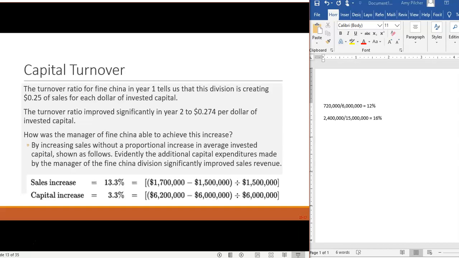Now, this could have been any number of things that's not disclosed to us in this information. For example, we might have purchased some piece of equipment that was more efficient at making china than we were currently using, which helped us to reduce costs but increase sales.